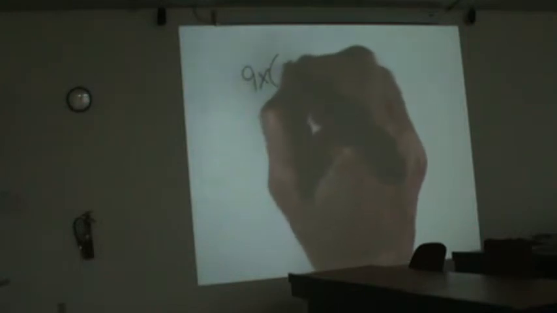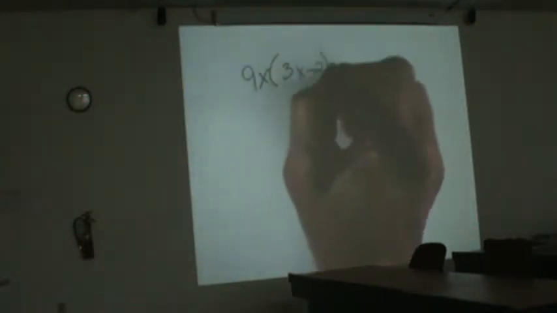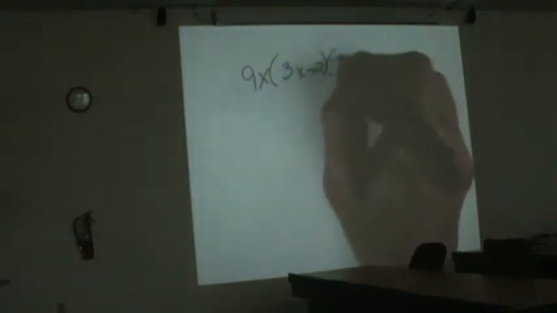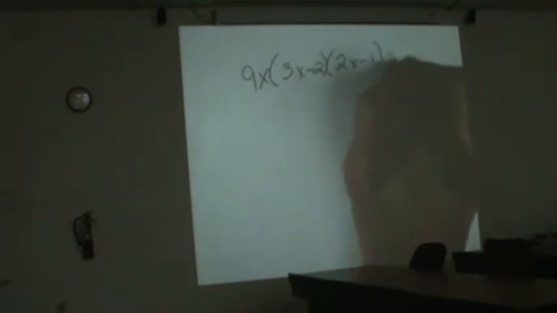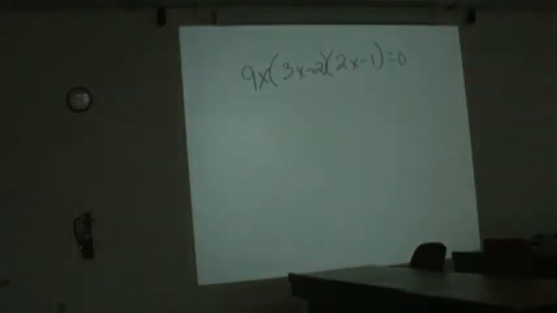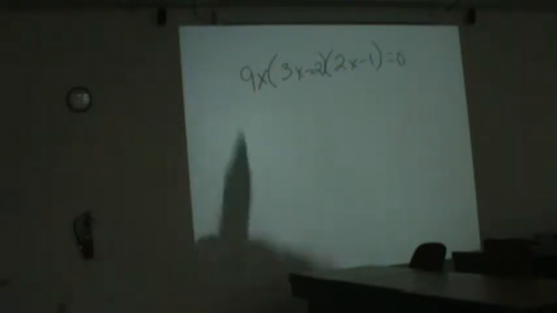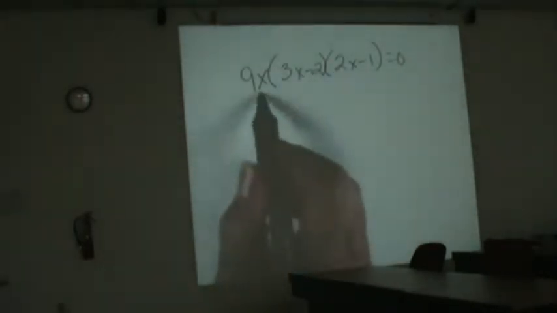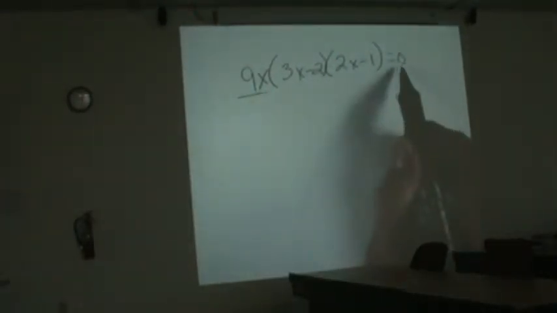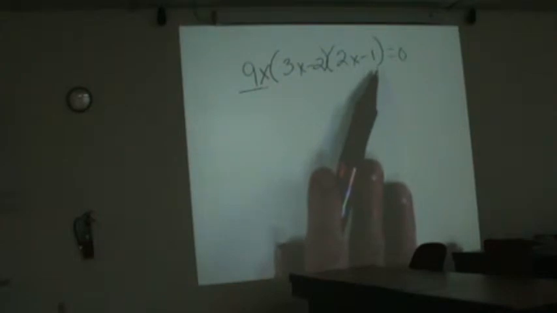9x times 3x minus 2 times 2x minus 1 equals 0. Is this one going to have 2 x's? More like 3, huh? We have 3 x's here. We have to set each one of these factors equal to 0 because 0 times anything is 0.